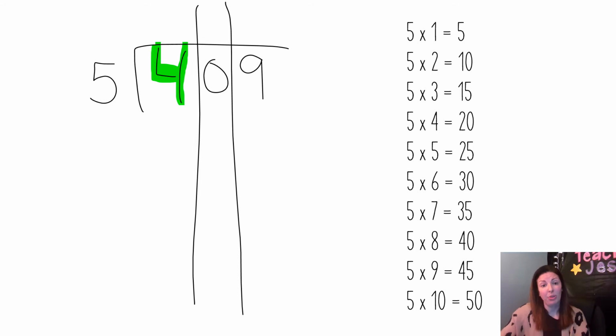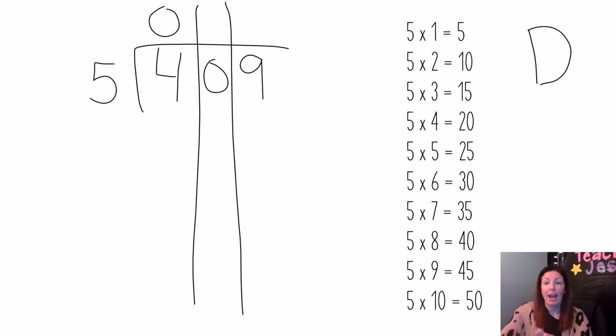And this is how we do it. If I can't split any of my hundreds into 5 groups, that's okay. I'm just going to make sure that I show that in my quotient and through my work by placing a 0. And I put this D over here because that is my first step: I divided. So I don't have any hundreds, and that's okay.